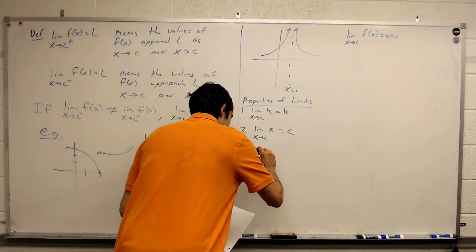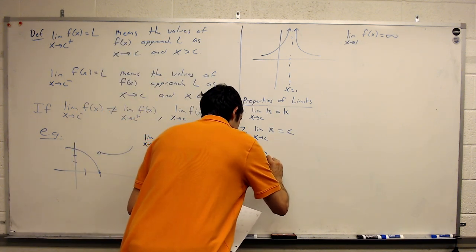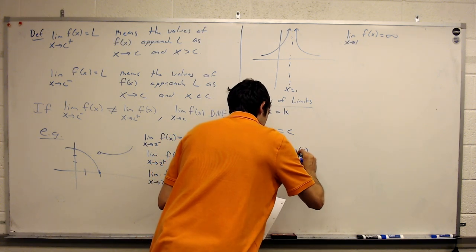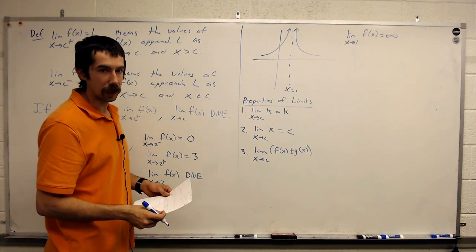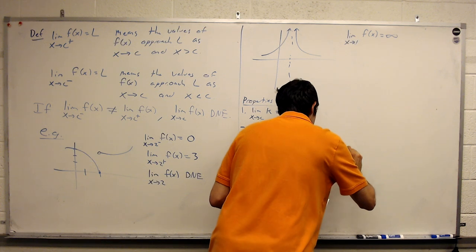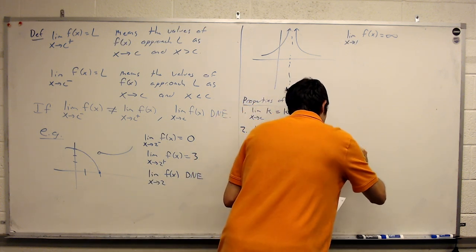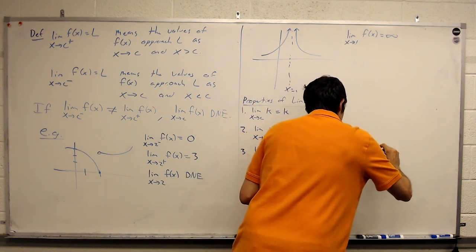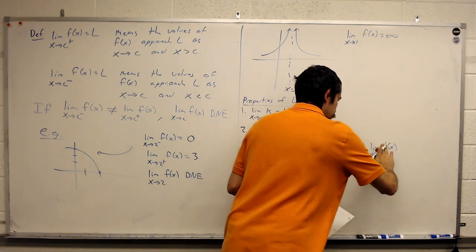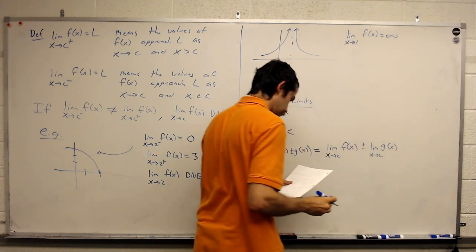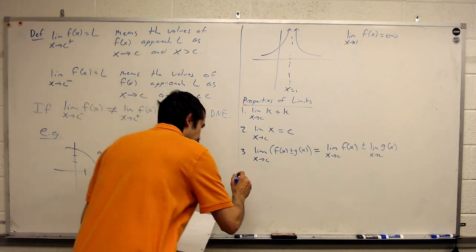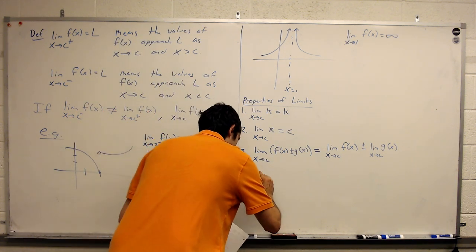Next, the limit as x approaches c of f of x plus or minus g of x, so this works for both plus and minus, is equal to the limit as x approaches c of f of x plus or minus the limit as x approaches c of g of x. And this is also true for division.